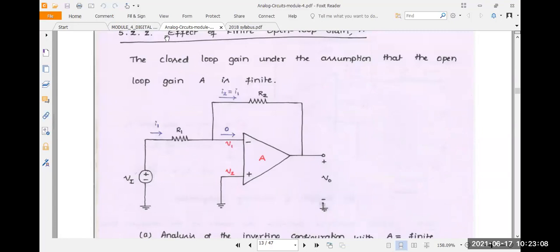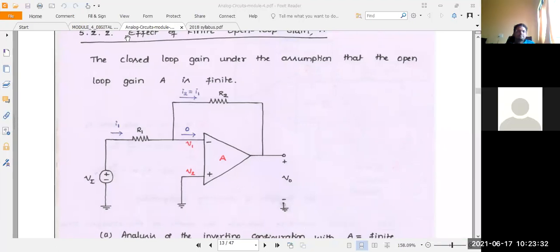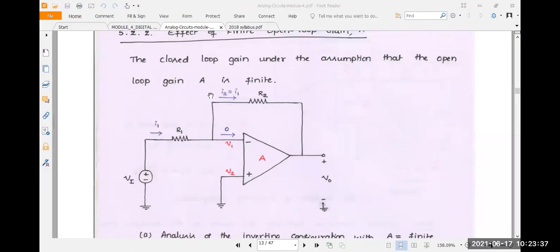Write on this figure. So I have written this figure here.